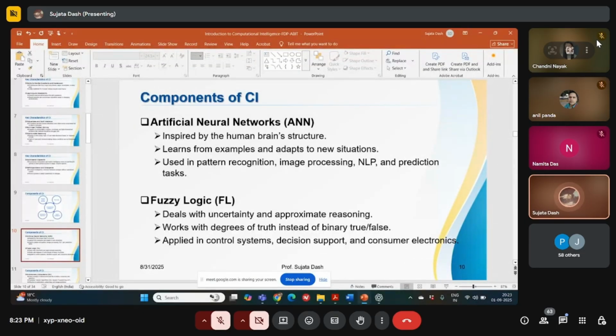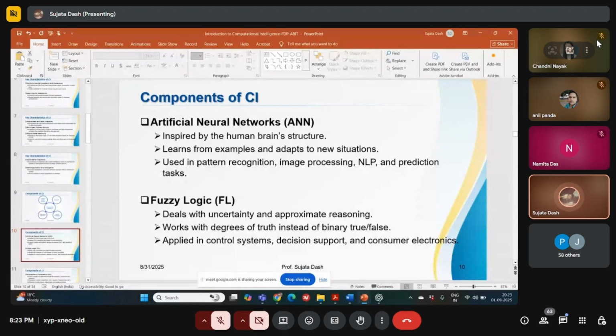So then where do we use this fuzzy logic? We can use it in control systems like washing machines that adjust wash cycles depending on the dirt level, or air conditioners that balance cooling. Similarly, we can use it in decision support systems, helping in medical diagnosis or business risk assessment, where answers are not absolute.